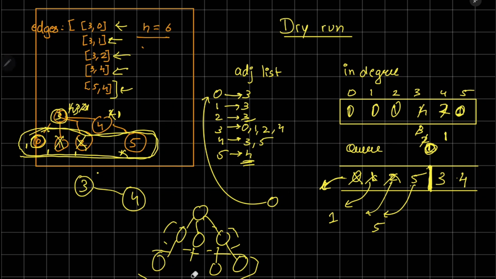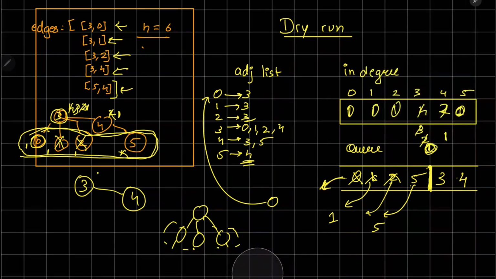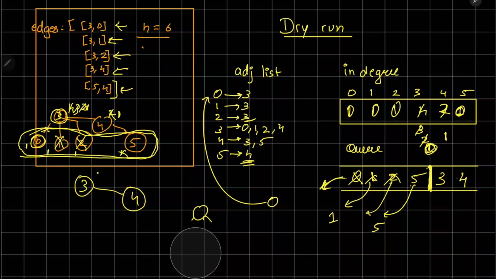So in the first phase the lowest nodes will be removed, and in the next phase these nodes will be removed, and now we are left with only this one node, so this will be our answer.